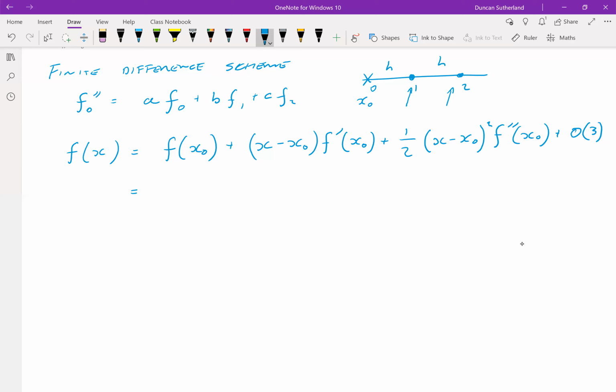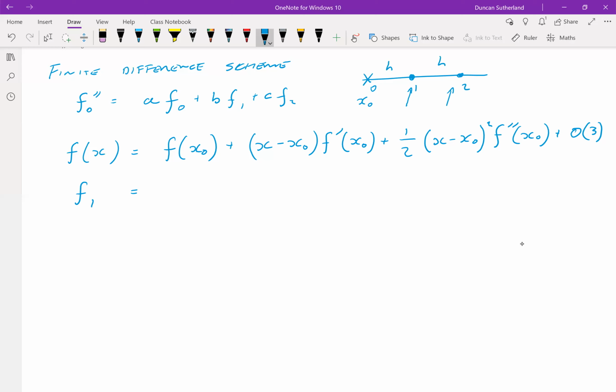So I guess I should also note that f naught is equal to f of x naught. So let's use this to determine what f1 is, right? So f1 is at point 1, where we've gone x equals x naught plus h, right? So that's f of naught, plus x is now x naught plus h minus x naught.